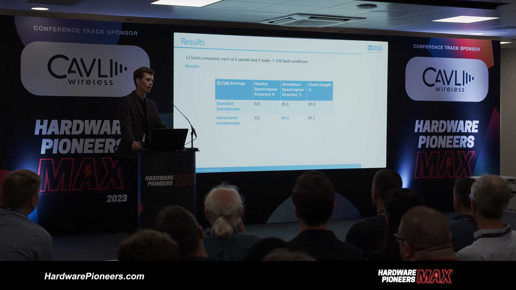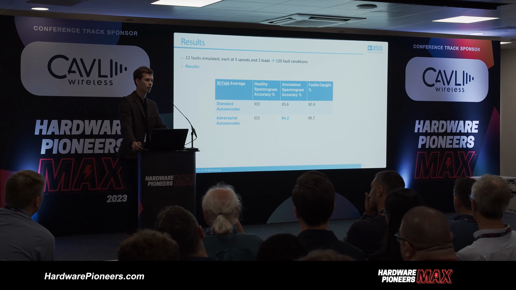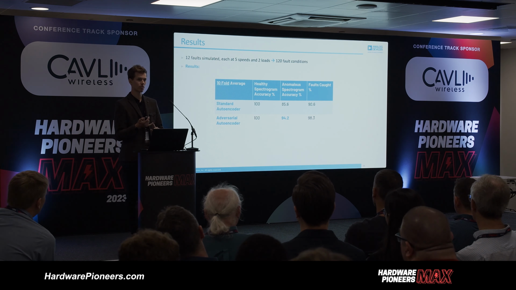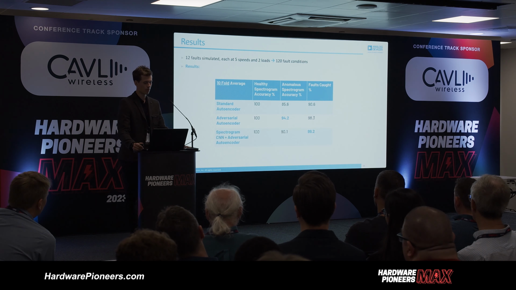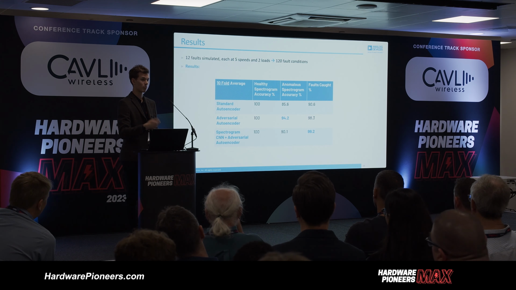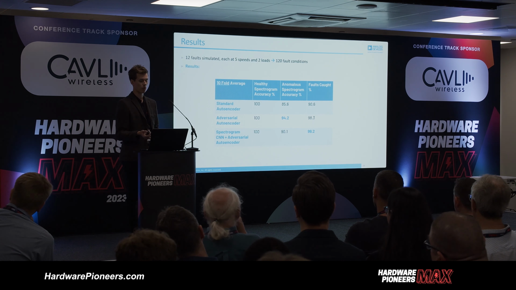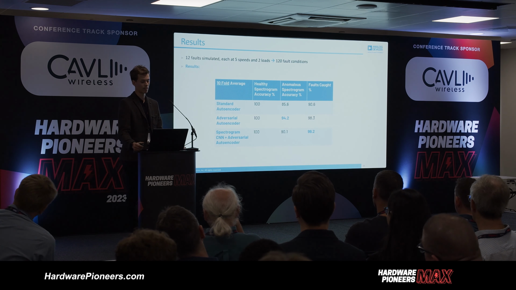Then they thought, this is potentially an edge application, so can we make it more efficient and faster? It was then put into a spectrogram CNN, which approximated the data put into a spectrogram, and was able to operate at a higher efficiency and higher accuracy, catching 99% of the faults.